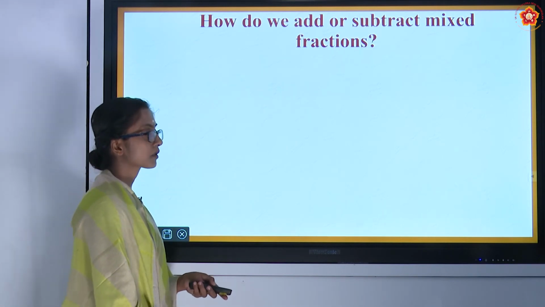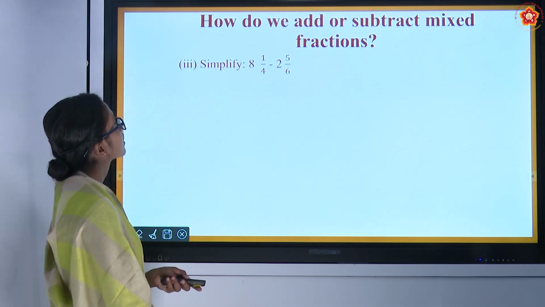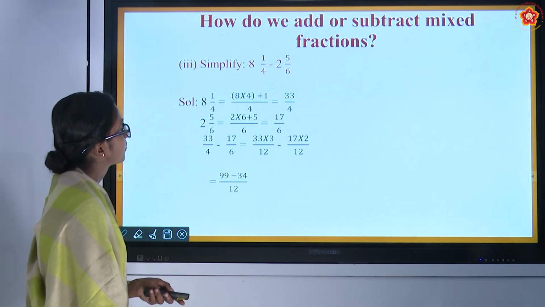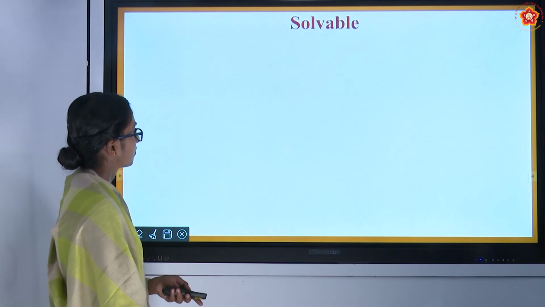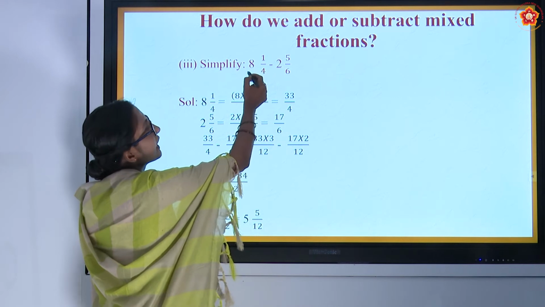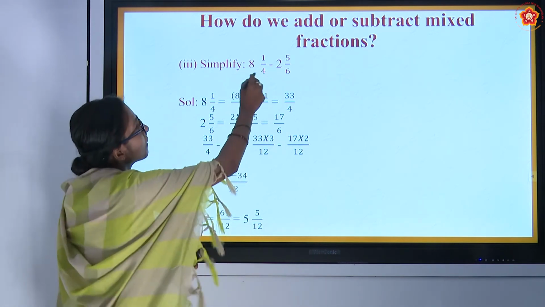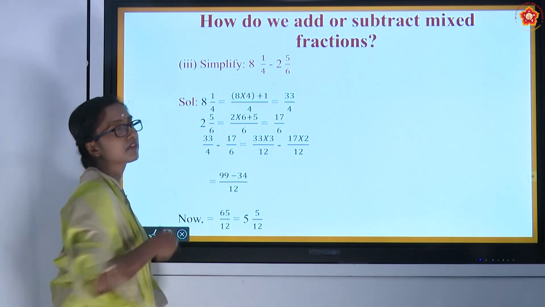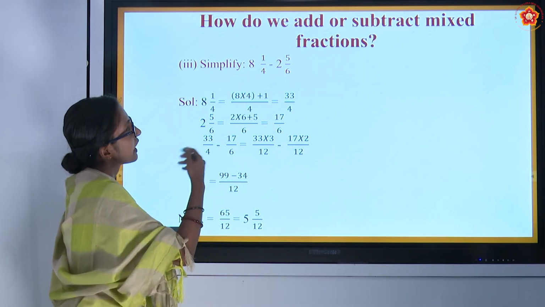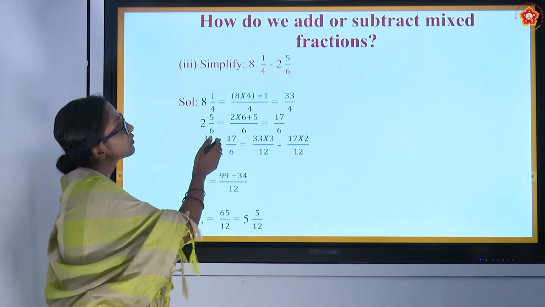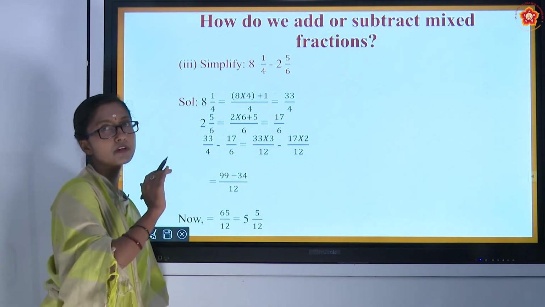How do we add or subtract mixed fractions? See, you can see 8 and 1 by 4 minus 2 and 5 by 6. So, when mixed fractions are there, we can't directly go for adding or subtracting them. We need to make them into improper fractions.